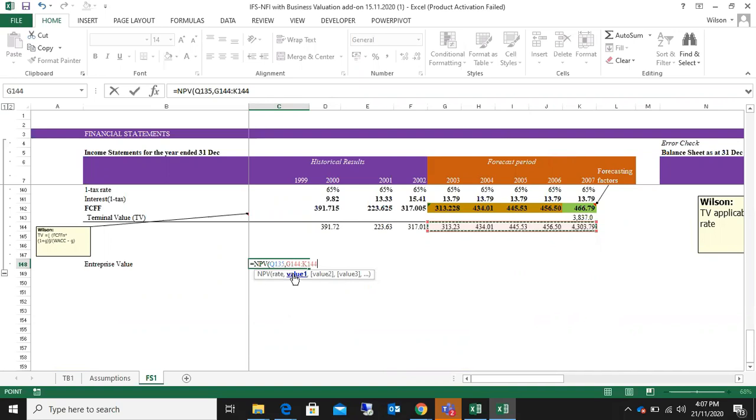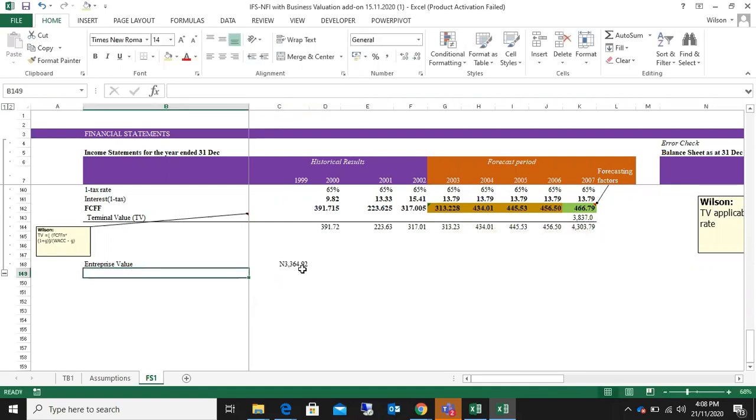Not the cash flow that is past, it's future cash flow. Okay, so present value of future value. Next. So you pick all this and you press enter. So 3364.94 is the enterprise value. Okay, so this is the value of the enterprise, but not the equity value.